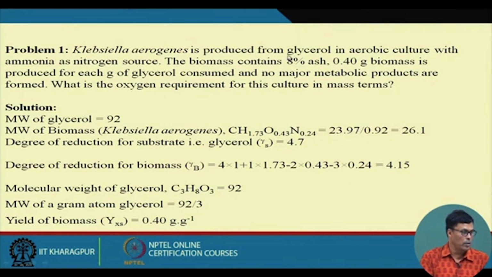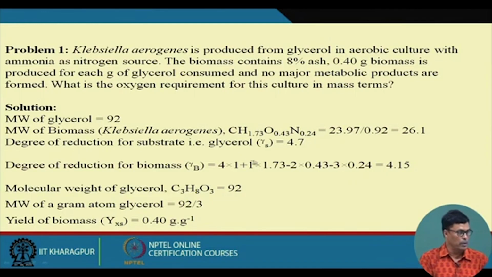But it contains 8% ash, so we divide by 0.92 to get the whole mass, that is, how much ash-free mass there is. That gives us the molecular weight of the biomass, 26.1.